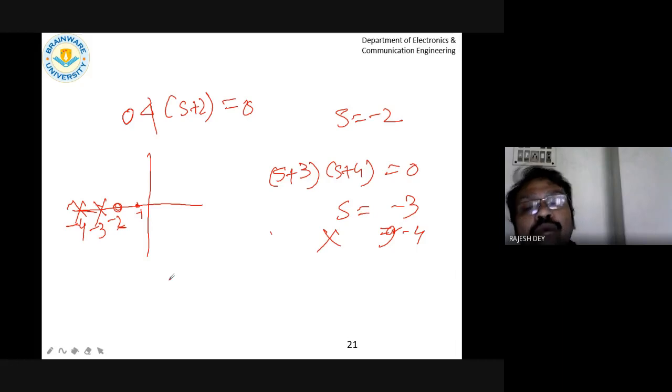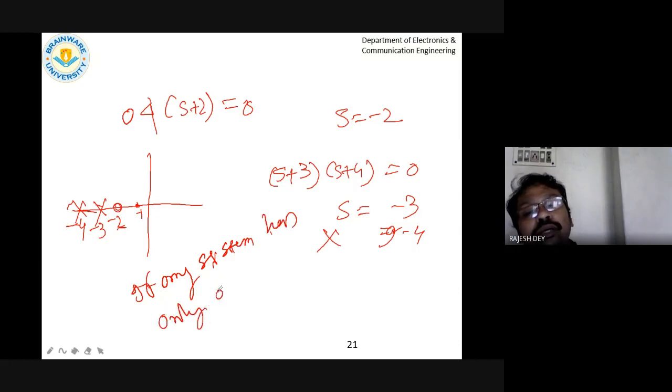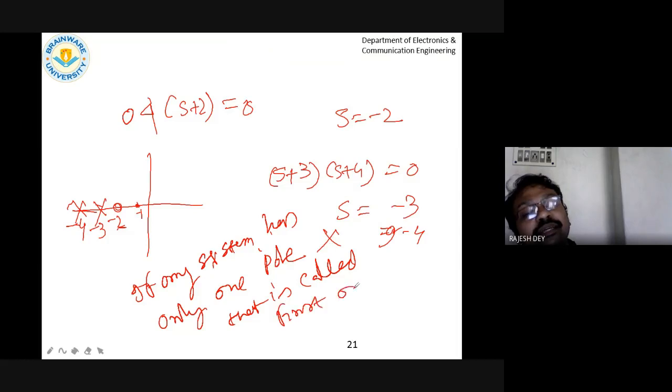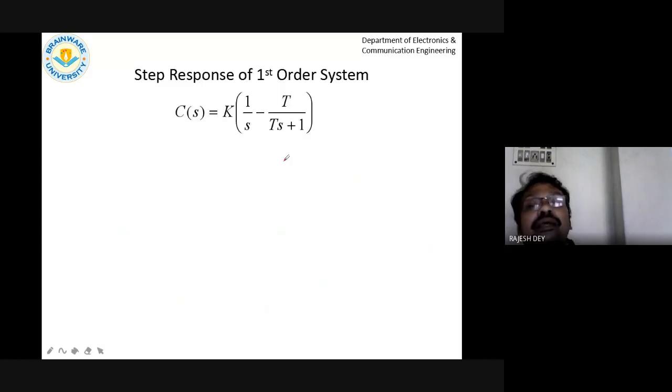When a system has only one pole, that is called a first order system.